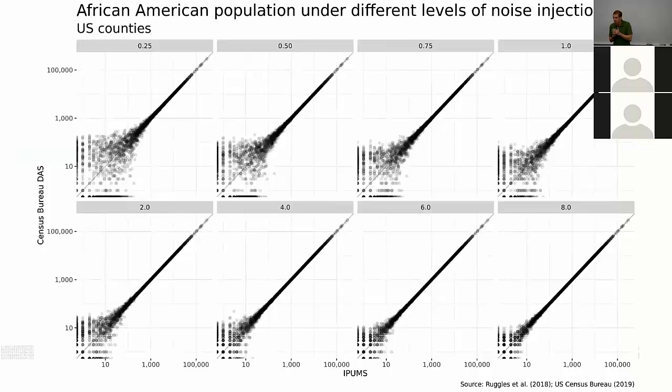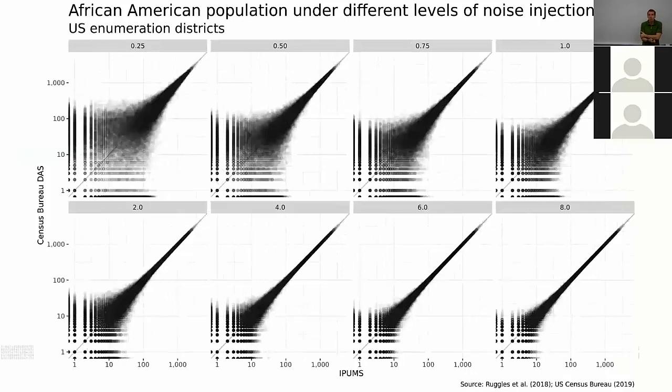Now we're talking about a magnitude of 10 in the case of the epsilon of 8. But if we look at the 0.25, we've got cases where the differentially private data are saying there are 500 or so people or 100 or so people in a county when it was 0, and it's even crazier for enumeration districts, where we have cases where there are almost 500 people in an ED who are African American, and the true data are 0.